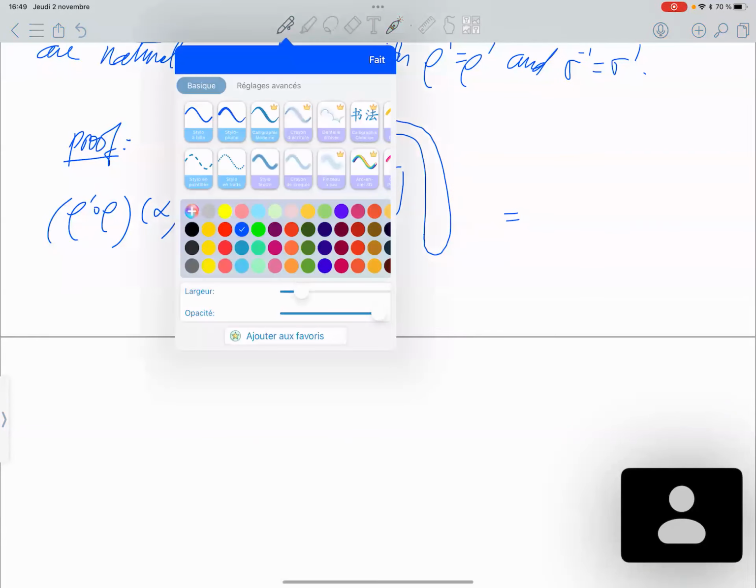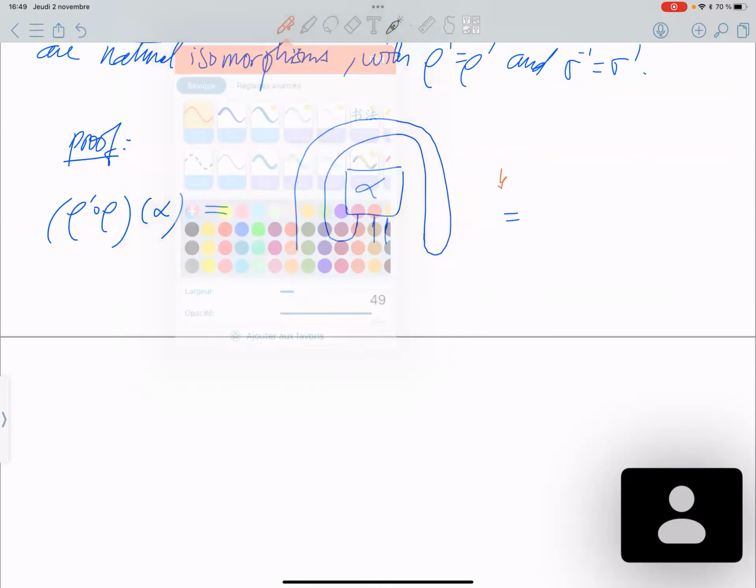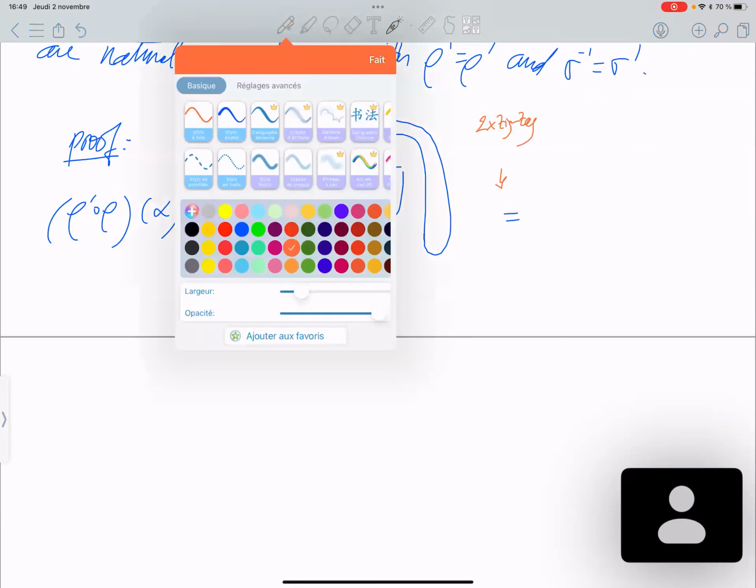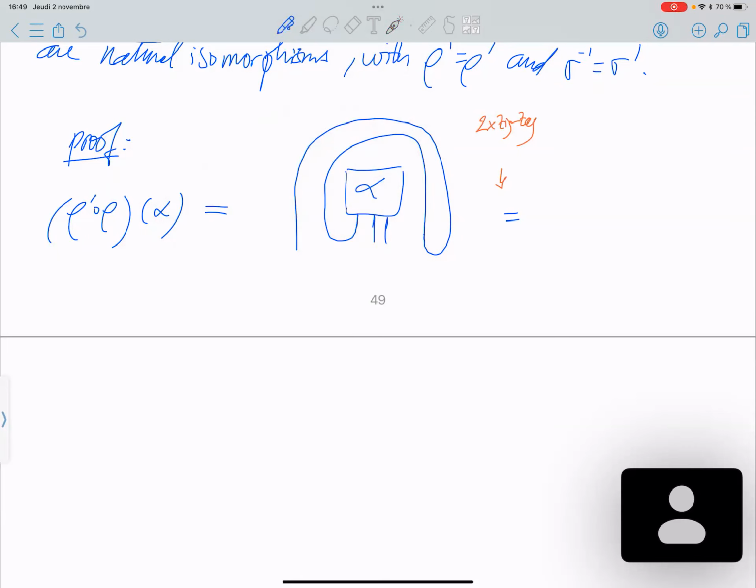You apply the zigzag relation two times, and you get directly that it is equal to alpha.